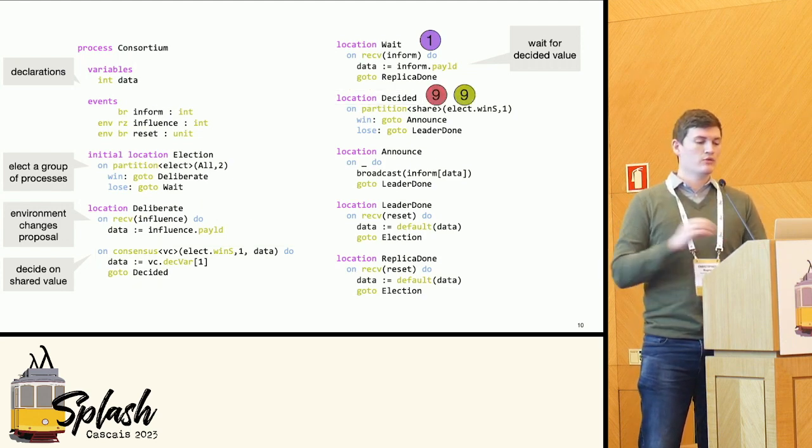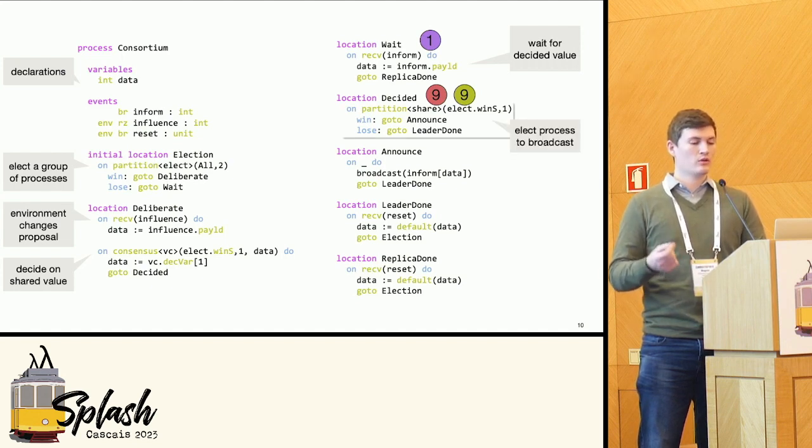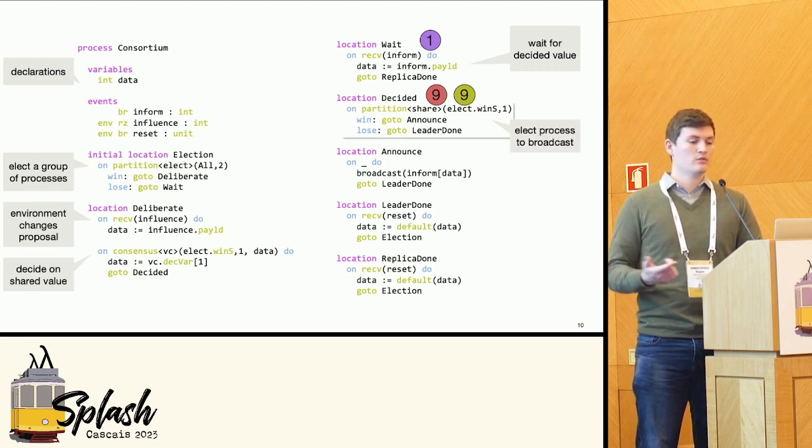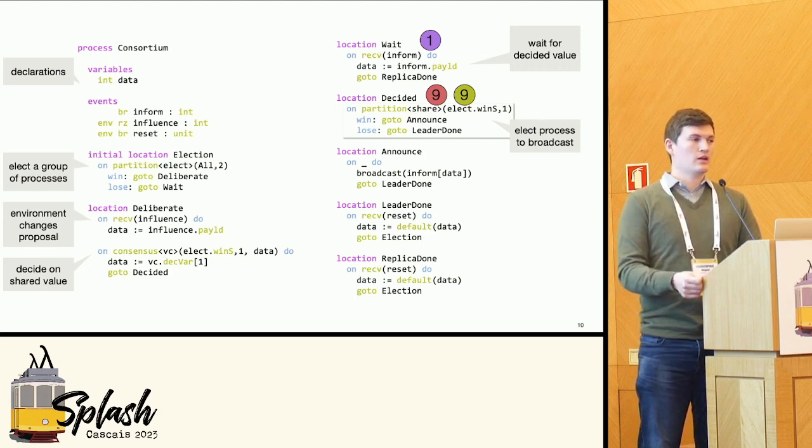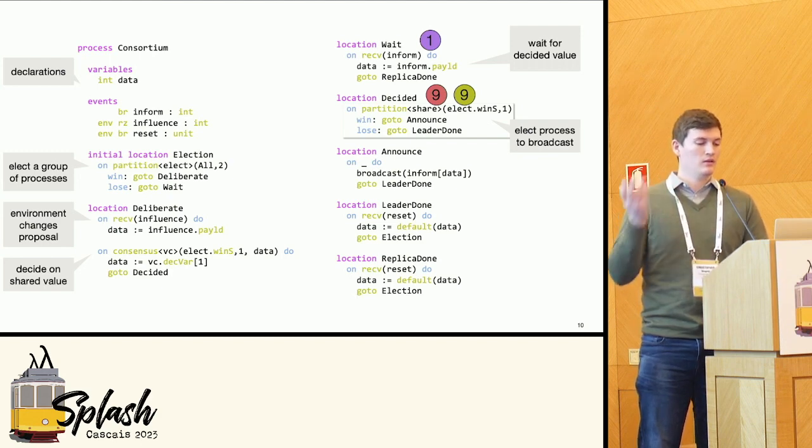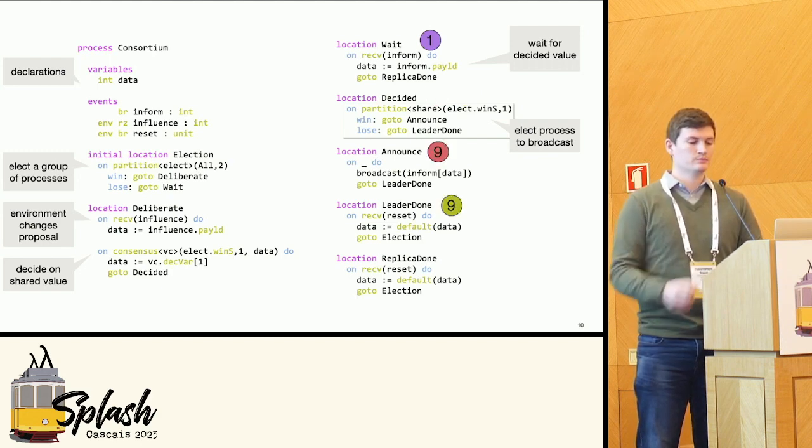Now, once that shared value is determined, these processes move to the decided location, and here they both hold the result of consensus, and they use a leader election protocol abstraction to choose one of the processes amongst the 2 of them to broadcast that result to the rest of the system, to the processes which are waiting in the wait location for that announcement.